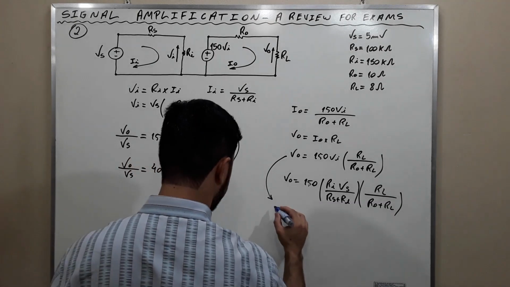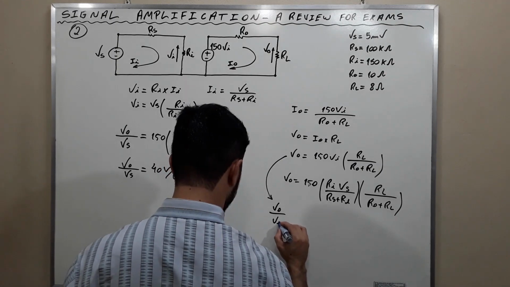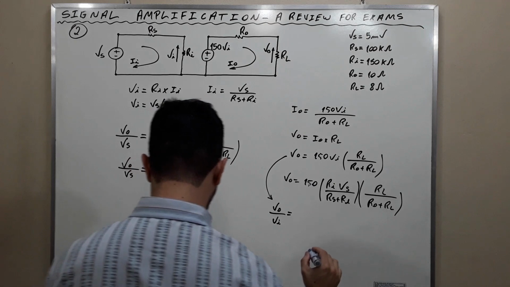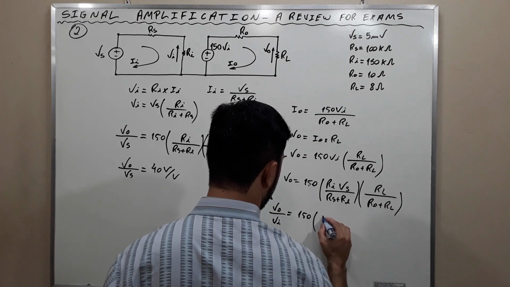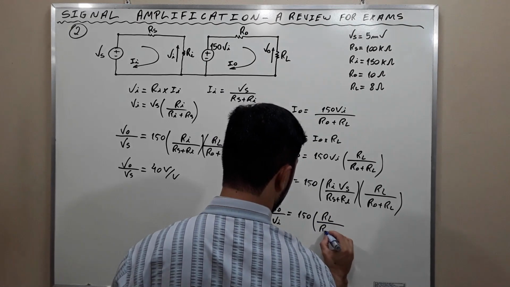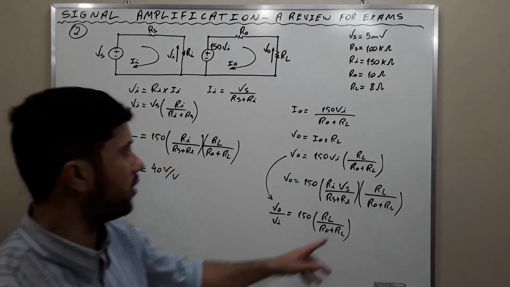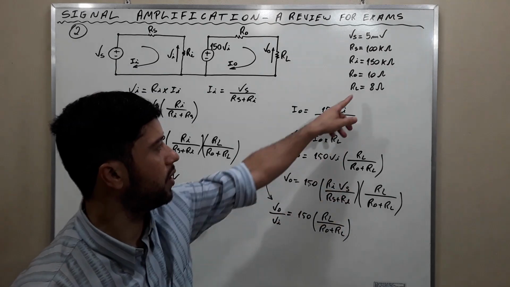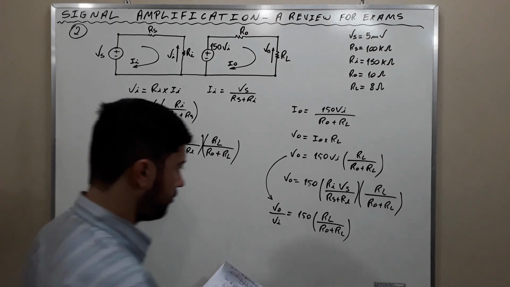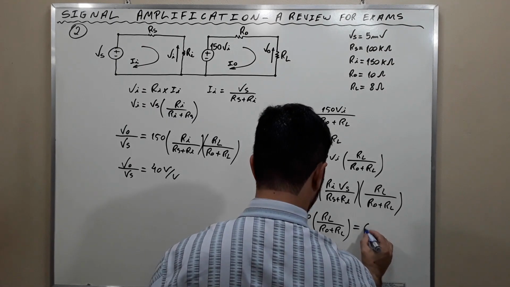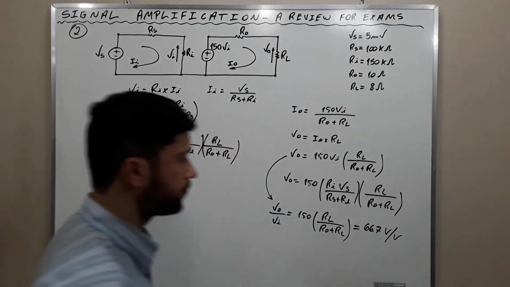Vo over Vi is equal to 150 RL over Ro plus RL, and if we substitute using the values provided by the exercise, okay, these values here, we find that the internal voltage gain is 66.7 volts per volt.